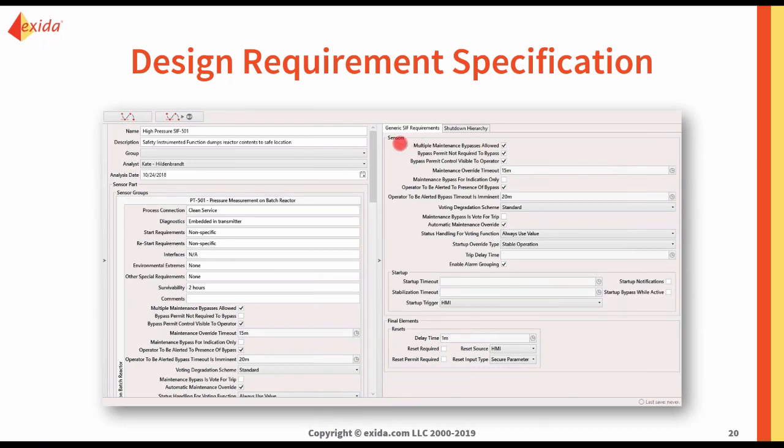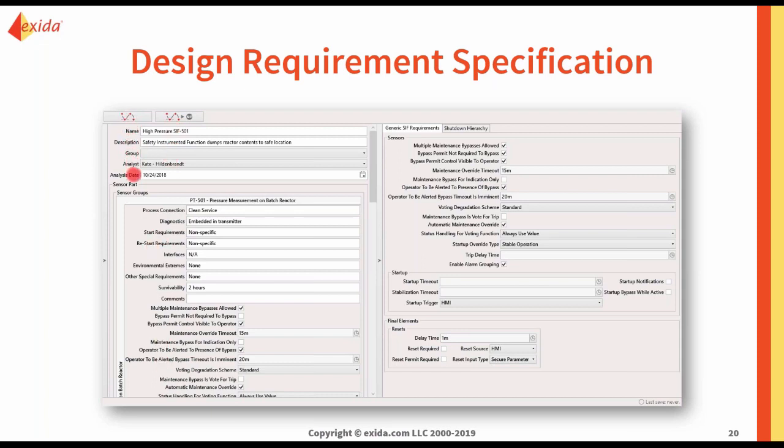If you know these requirements are consistent across your safety instrumented system, you can fill them out here, and then using these buttons, you can apply them to all SIFs or one SIF at a time. So this is meant to save some time, make sure you're not filling out the same thing over and over again. Then on the left-hand side, you have your SIF-specific information.